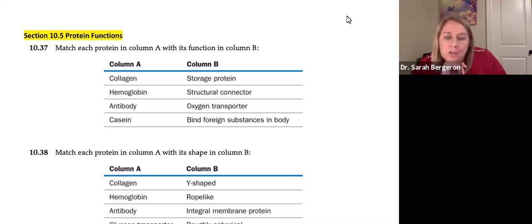All right, let's see. 10.39, the glucose transporter provides facilitated transport across the cell membrane. So glucose is going to go right from, if this is the plasma membrane, so we have outside and we have inside. And so remember, it's a bilayer, right?